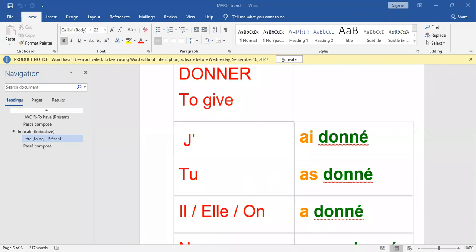I'm not seeing your chats. I'm checking. I can't see your chats.